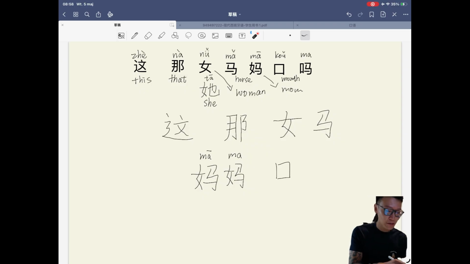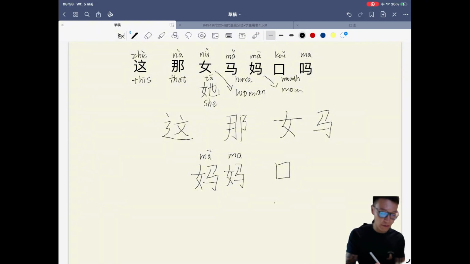Okay, so 口 means mouth, and if we look at the next character, ma, this character means basically nothing, but we use it at the end of the sentence to form a yes or no question. Alright? So I will explain the grammar in the following part, not now, but let's just write this character together.